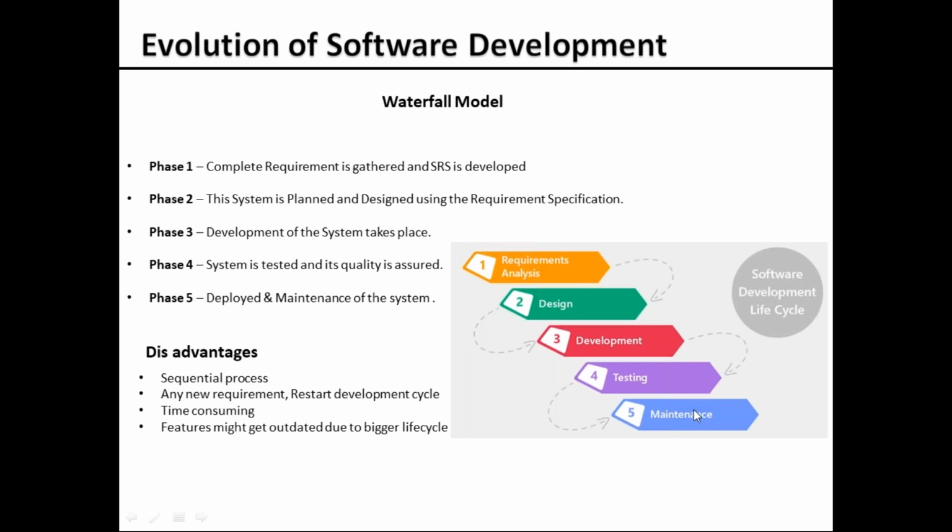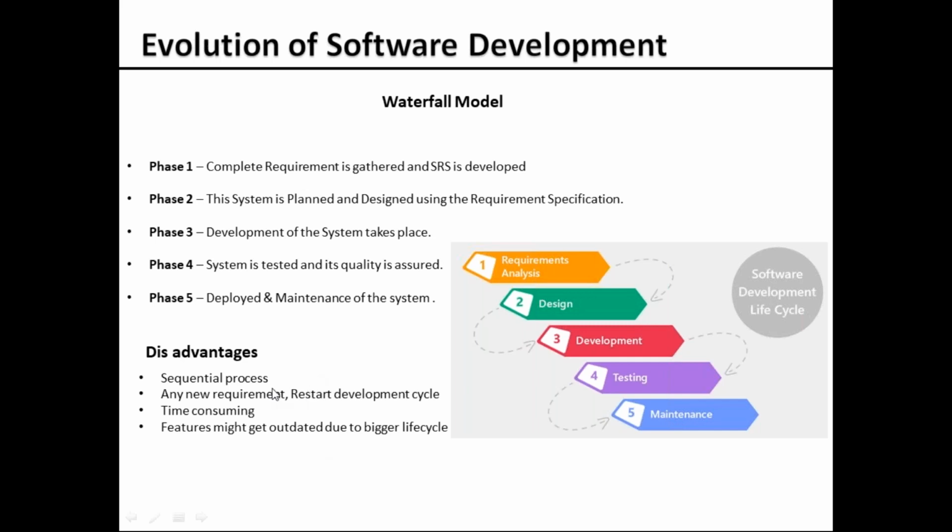By then they might have a new competitor or a new product might have come, or else the features that we are going to introduce at the time of requirement analysis might get outdated at the time of launch. The reason is it has taken 8 months. As an example, in this scenario, anything can happen in these 8 months, like features might get outdated, or the product itself might get outdated.